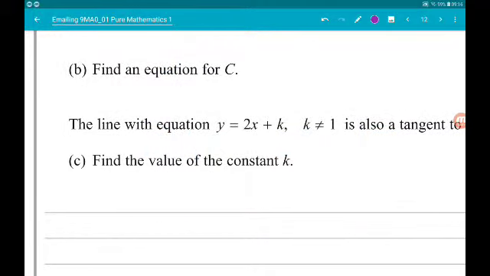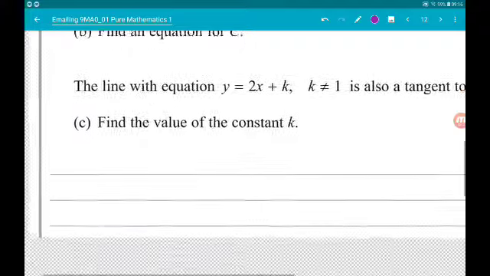Okay, part B, and for 4 marks, wants us to find an equation for C. So we actually know most of it, but let's just have a recap.